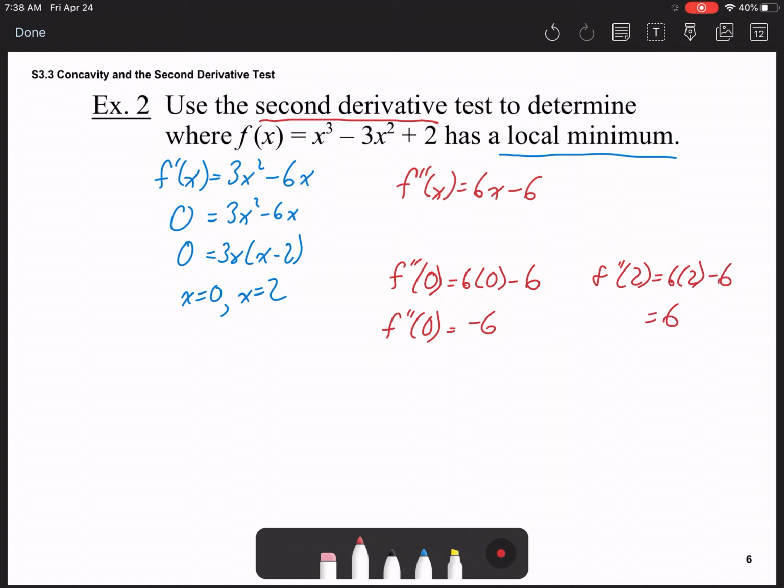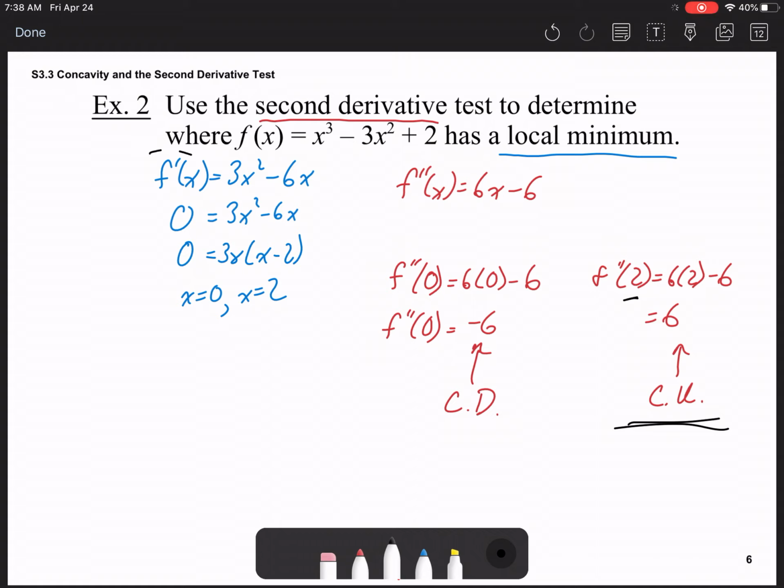That's positive 6. So right here I see it's concave up. Here I see it's concave down. Well, in order for it to be a minimum, it's got to be concave up. So this value of x, 2, must be where we have a local minimum.